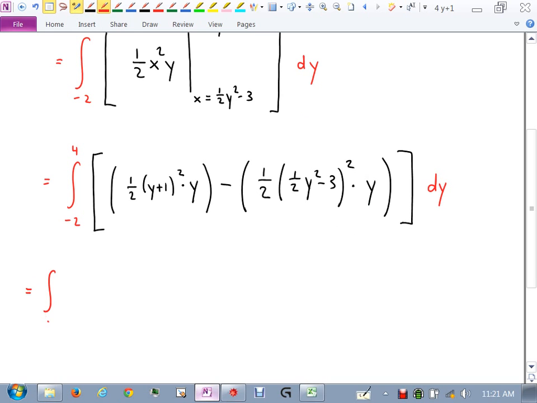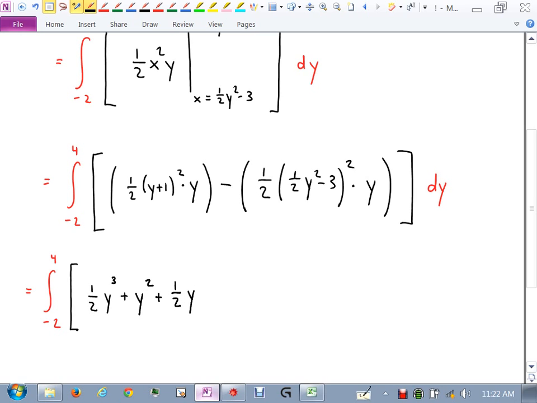So that equals the integral from -2 to 4. All right, if I expand this and then multiply by y and then multiply by 1/2, I get 1/2 y cubed plus y squared plus 1/2 y.